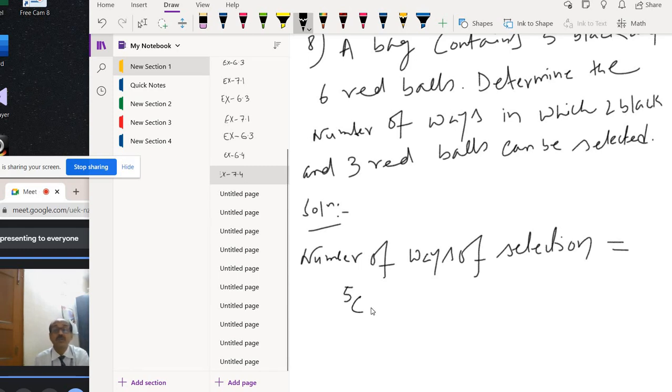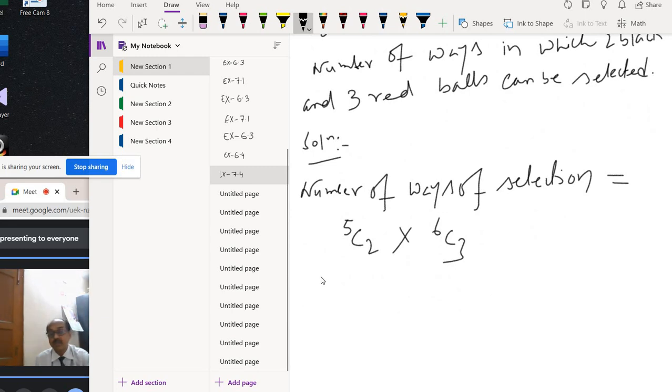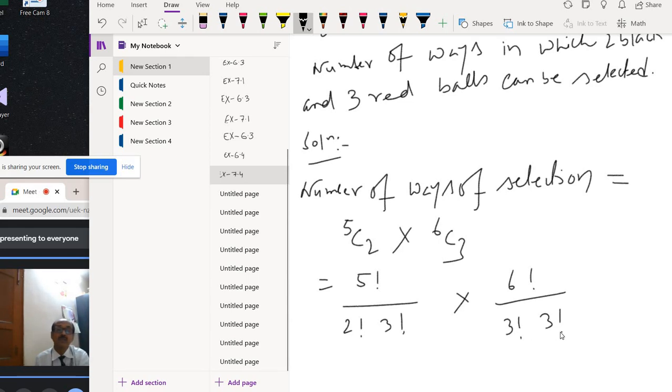This 5C2 is 5 factorial by 2 factorial into 3 factorial, into 6 factorial by 3 factorial into 3 factorial, since 6 minus 3 is 3.